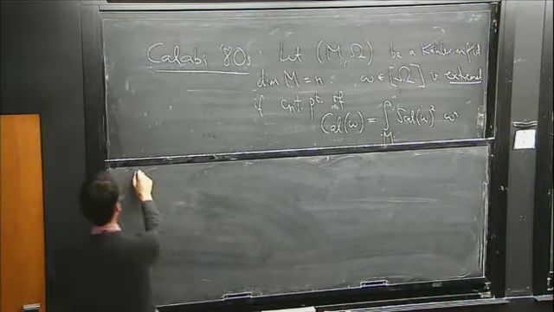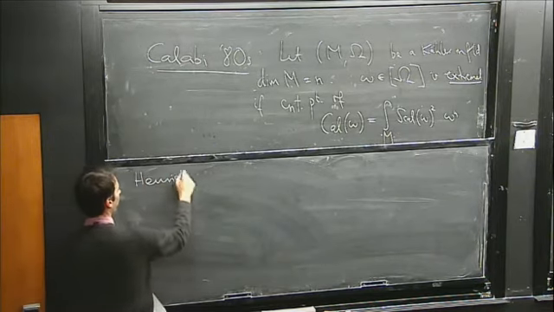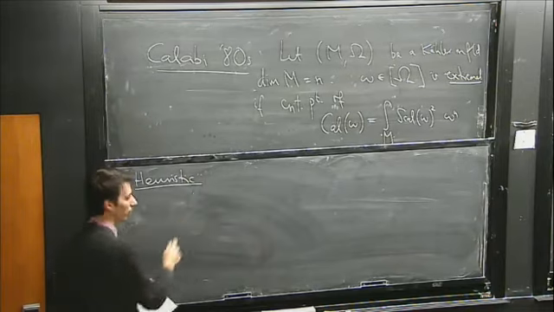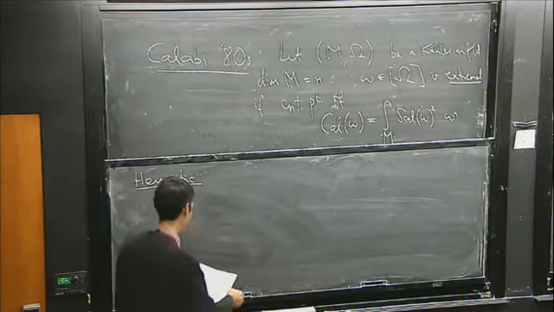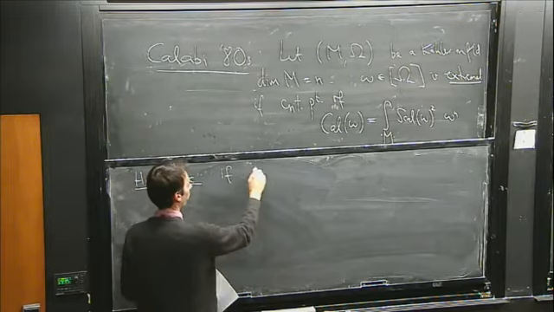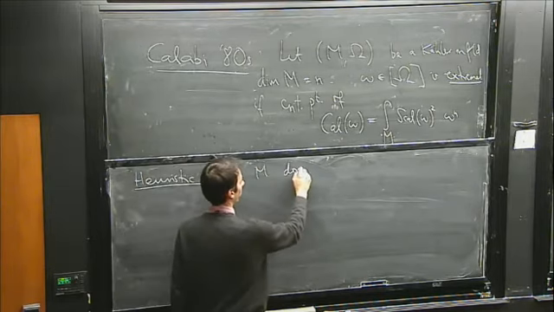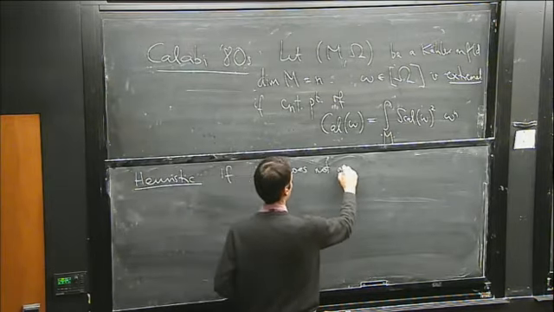At this point, let me give a heuristic explanation of what this K-stability condition is. Instead of defining it precisely, the idea is that if M does not admit such a metric, then what should happen?